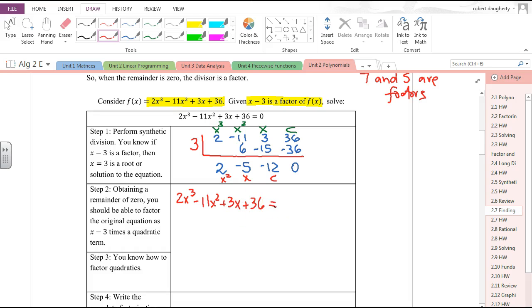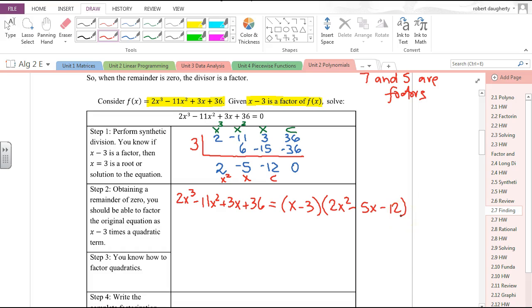What are the two factors that I know at this point? Well, one of the factors is right here, x minus 3. What's the other factor? 2x squared minus 5x minus 12.